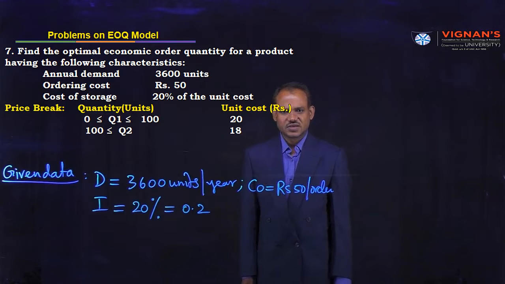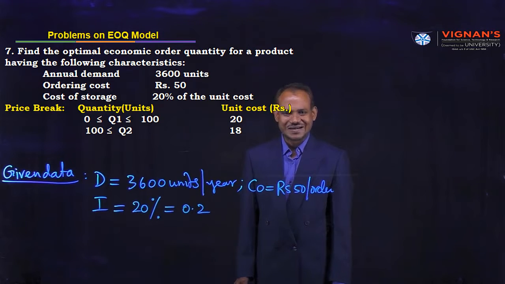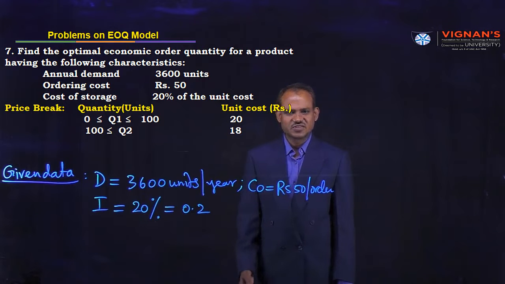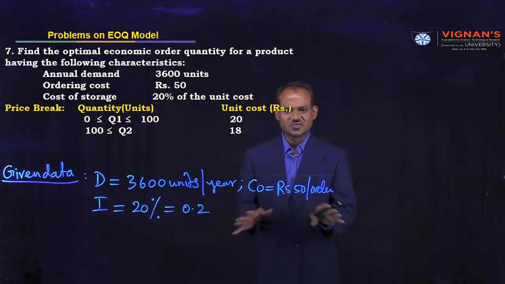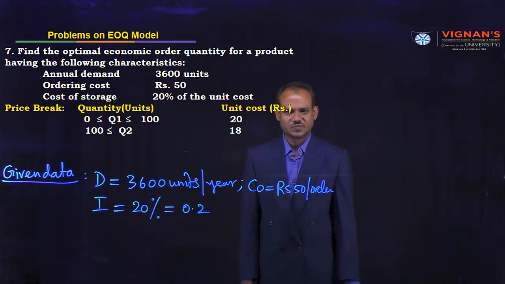Suppose if the quantity exceeds 99, that means 100 minimum or more than 100, this is the second quantity range, then the cost price is 18 rupees. Price is reduced. If you purchase more quantity, definitely you will get some discounts, known as quantity discounts.